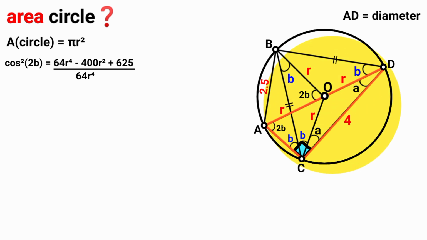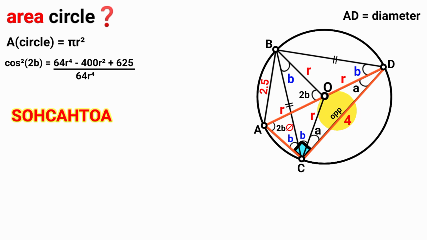Now look at this triangle ACD. It is a right angle triangle. If we use SOHCAHTOA on it, taking this angle as theta, this is the opposite and this is the hypotenuse. From here, sin theta equal to opposite over hypotenuse. Theta is 2b, opposite is 4, and hypotenuse is r plus r, which is 2r.